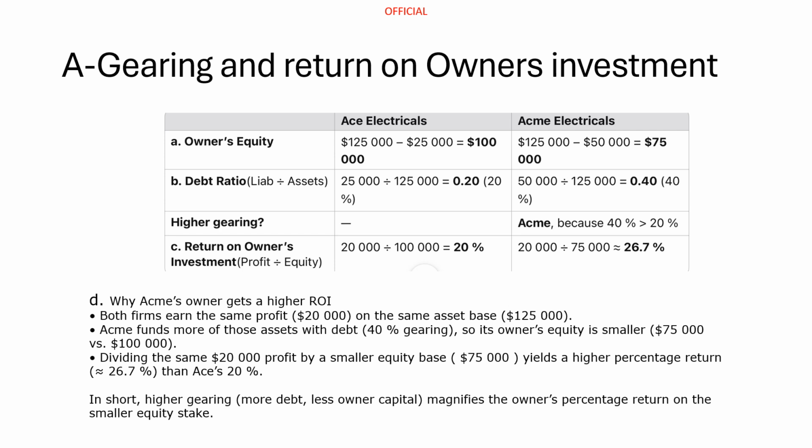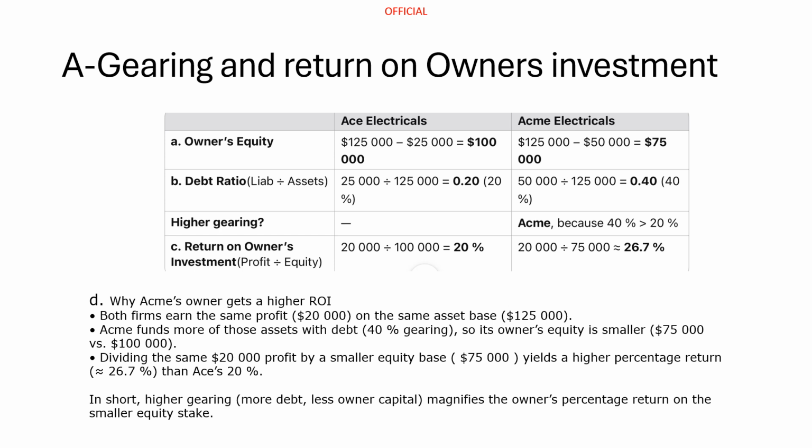Return on owner's equity investment is 20% for ACE and 26.7% for Acme. Both firms earn $20,000 profit on the same asset base, but Acme uses more debt, 40% gearing, reducing its owner's equity to $75,000 compared to ACE's $100,000.